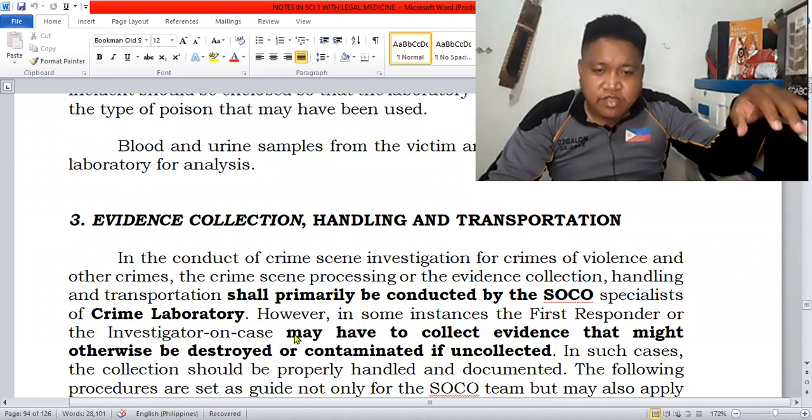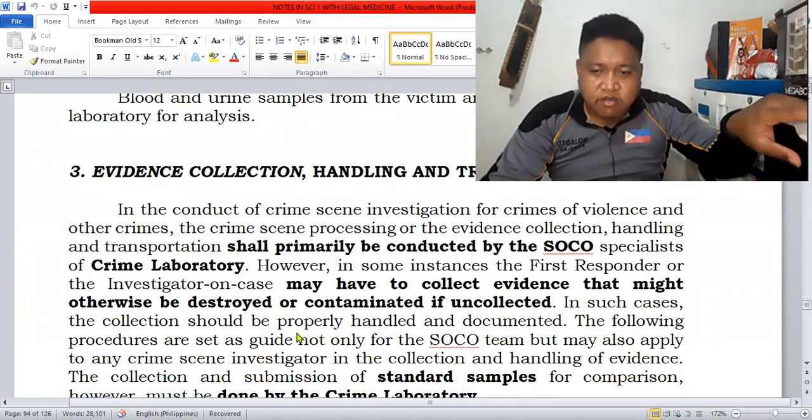However, in some and common instances, the first responders or the investigators on case may have to collect evidence that might otherwise be destroyed or contaminated if uncollected. In such cases, the collection should be properly handled and documented.